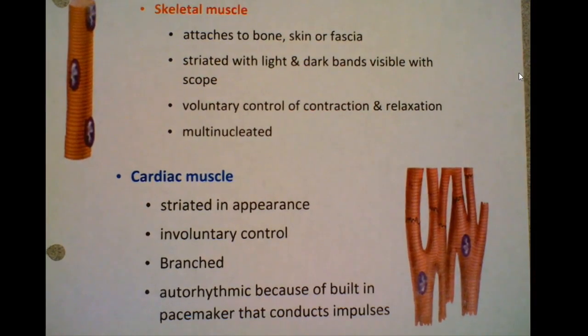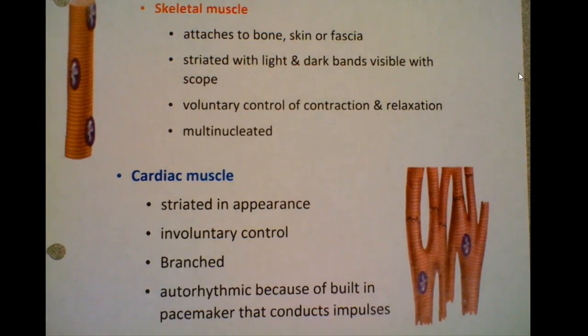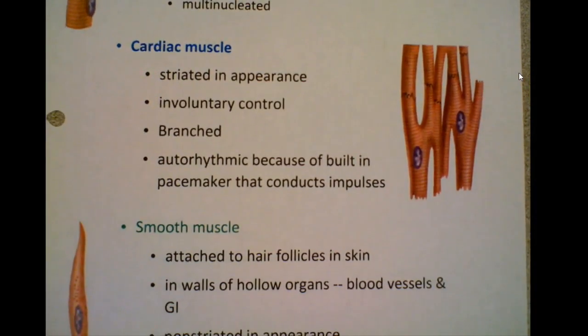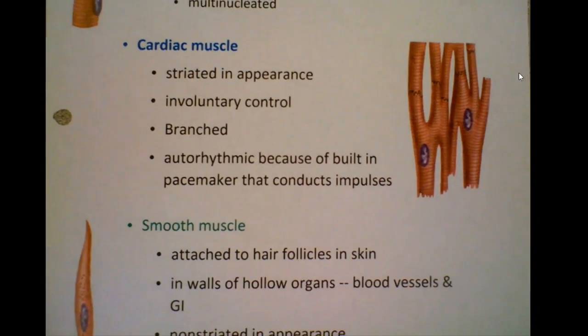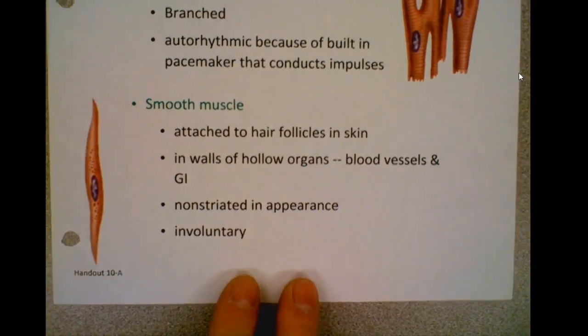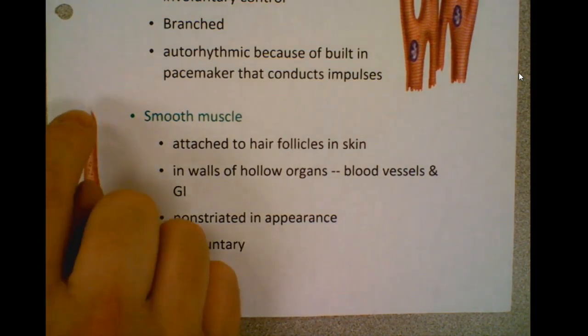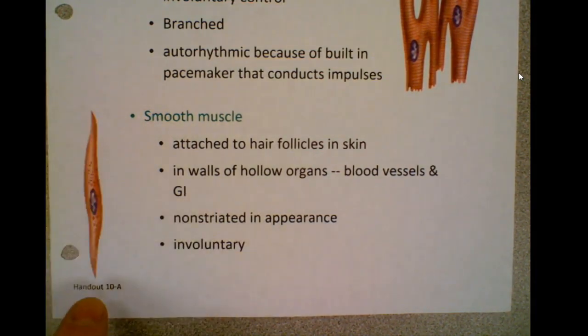This chapter 10 is mostly going to be skeletal muscle. Chapter 20 is cardiac muscle. And then we sprinkle in a little bit of the third type of muscle called smooth muscle, kind of in chapter 10 as well.